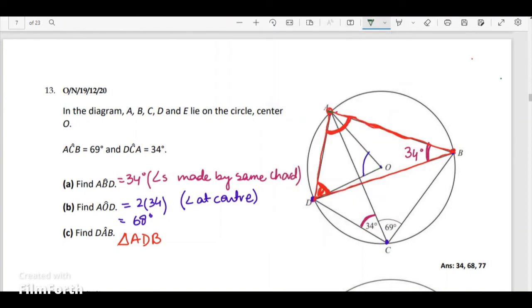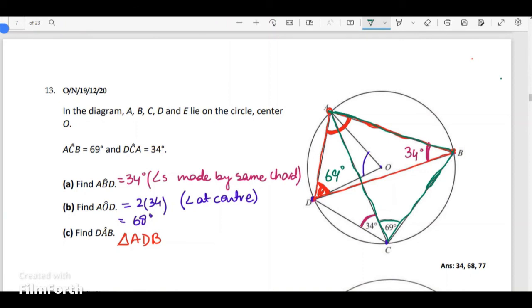Okay, this is coming from this chord AB. So first let's just see if this chord AB is making any other angle on the circumference. So it is making this angle right here, that's 69 degrees. So this is 69 degrees, that means this would be 69 degrees as well.